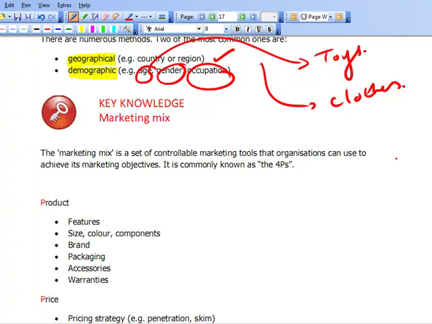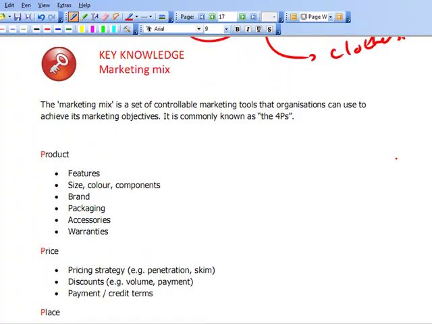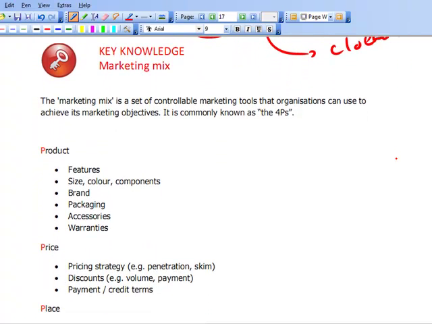The next one, the marketing mix. Now, hopefully you will remember this from last week's, or last chapter's, session when we looked at the product life cycle and we introduced briefly the 4 Ps. The 4 Ps, as it is commonly known, is the marketing mix.